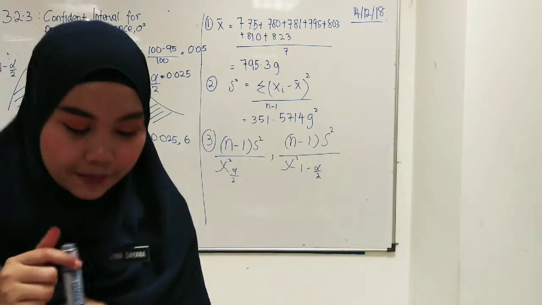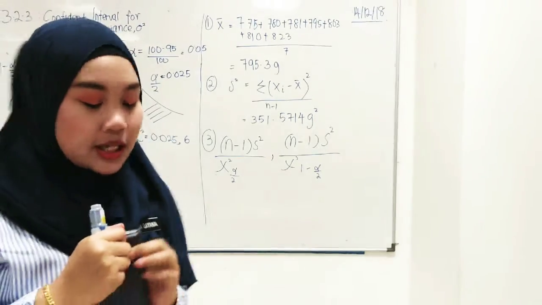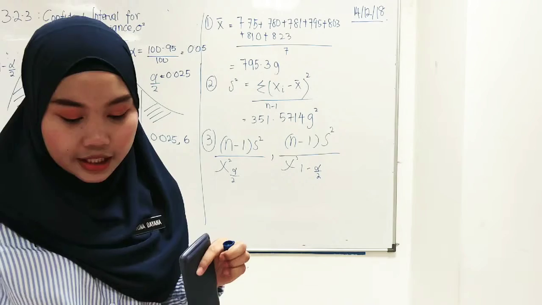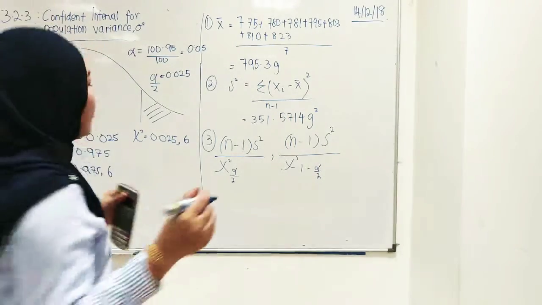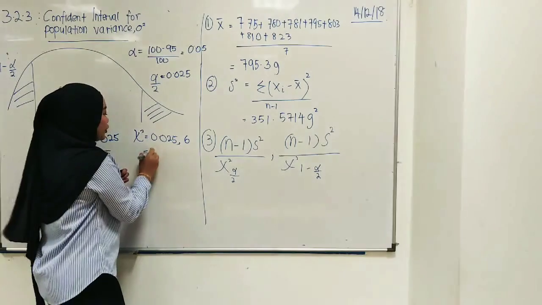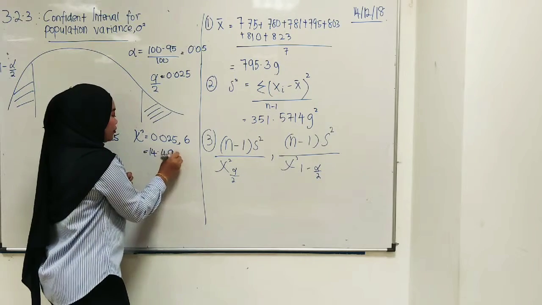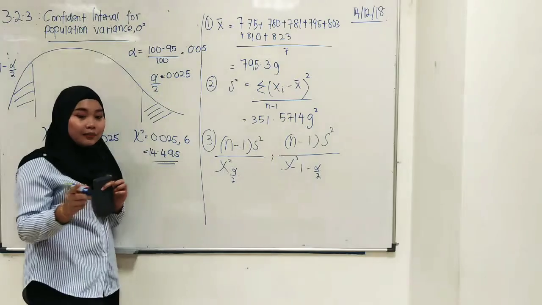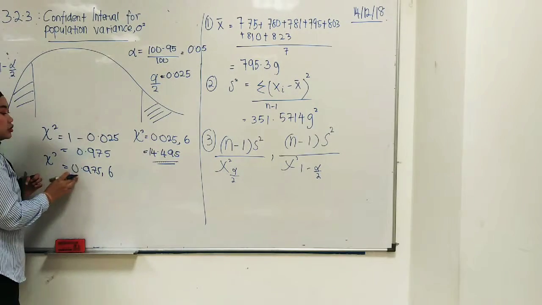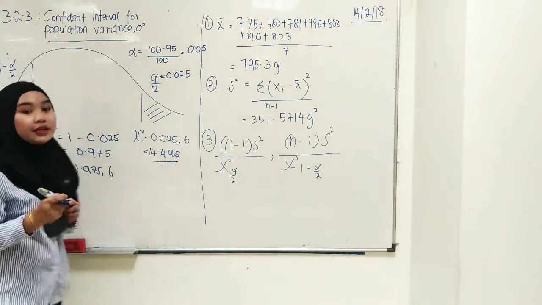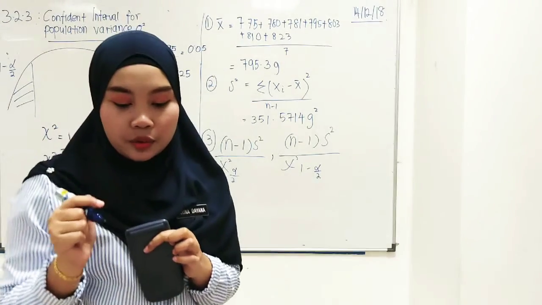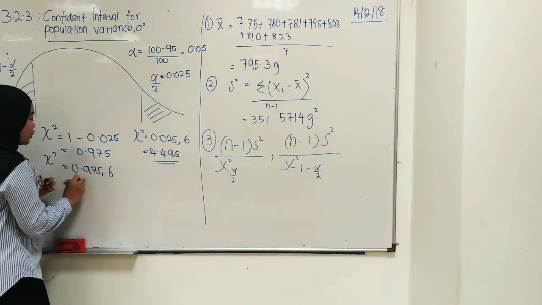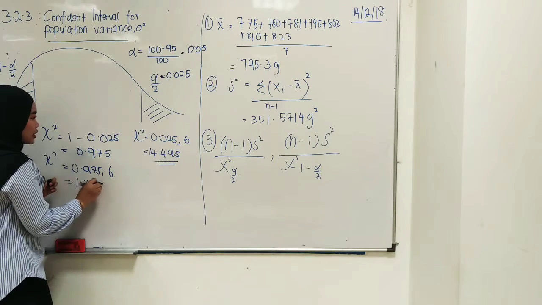From the chi-square table, the value for 0.025 with degree of freedom 6 is 14.494. And for 0.975 with degree of freedom 6, the value is 1.2373.